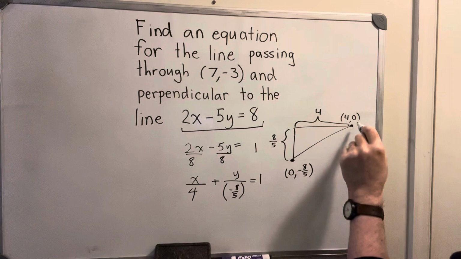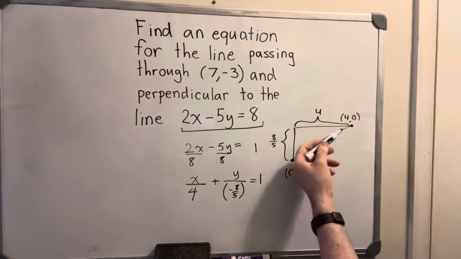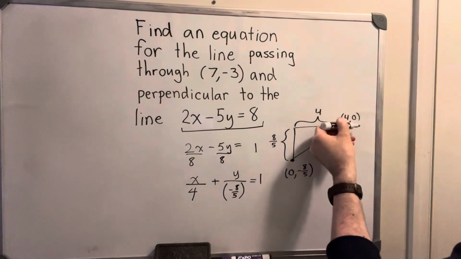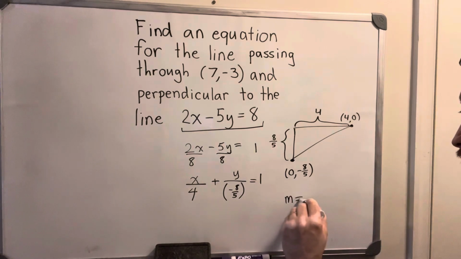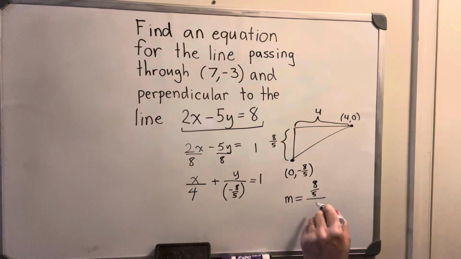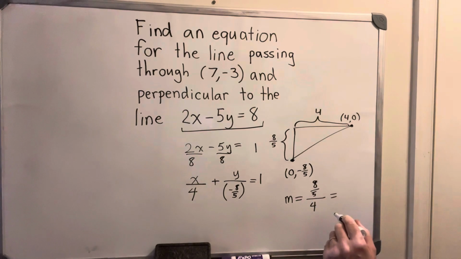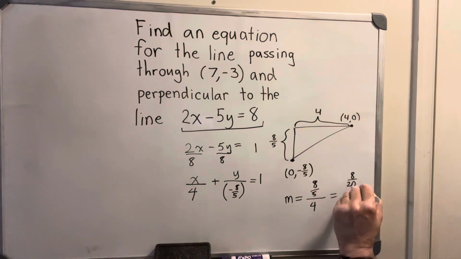So from here to here, the rise has been an increase of 8/5, and the run has been an increase of 4. And the slope is the change in rise, 8/5, over the run, which is 4. 8/5 over 4 is 8/20.